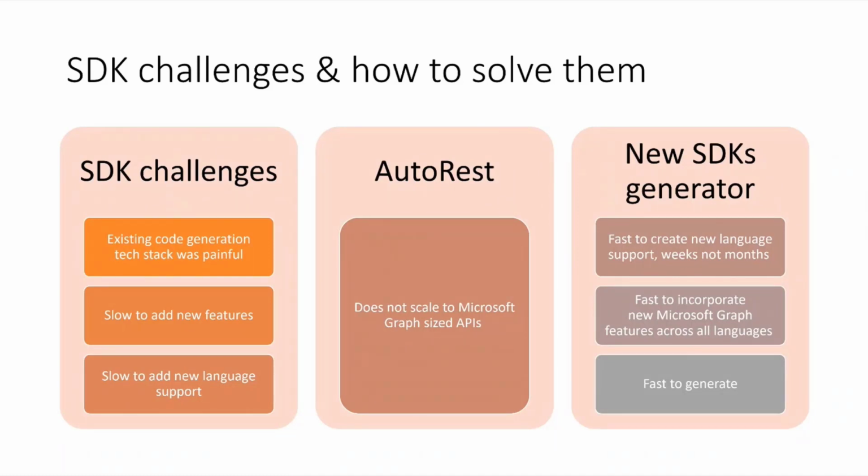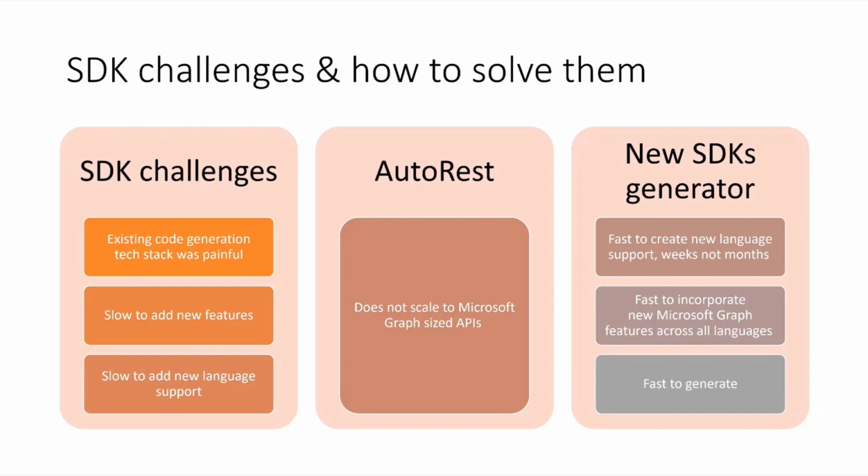It was taking too long to support new languages or adding any new features from Microsoft Graph, and the tech stack that we were using was fairly painful. We made a few promises to the community, and then either we couldn't keep our promises or it was way too long to deliver simply because of these challenges.